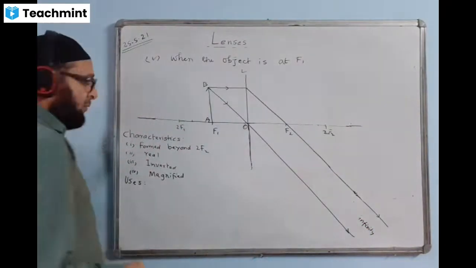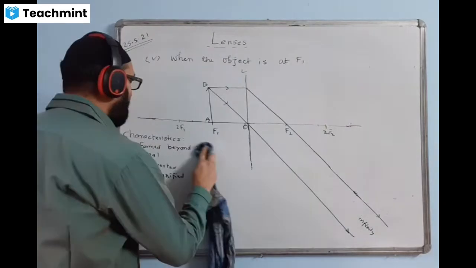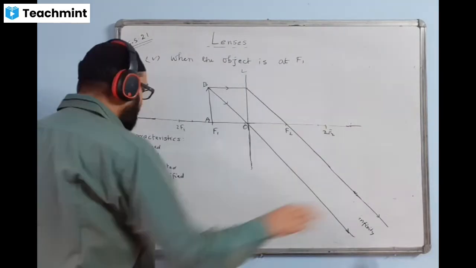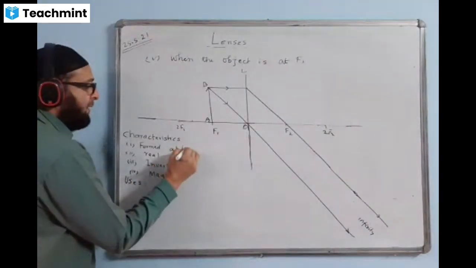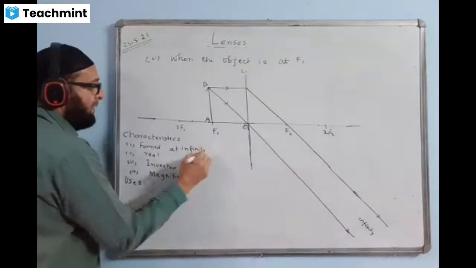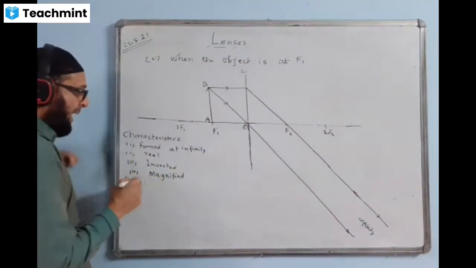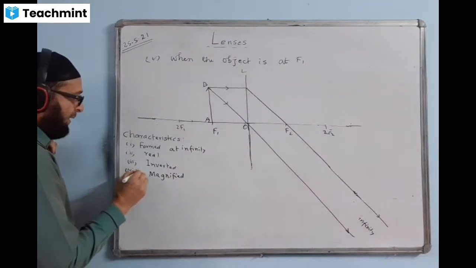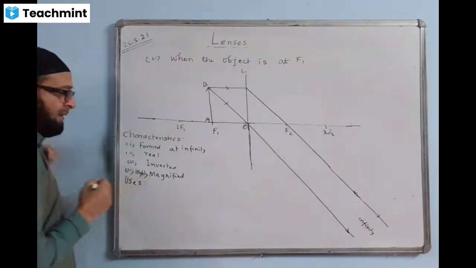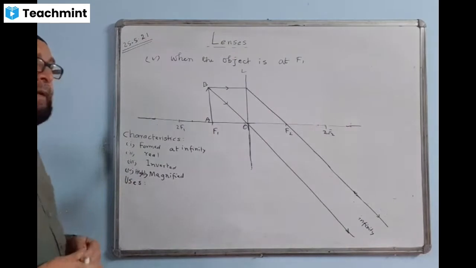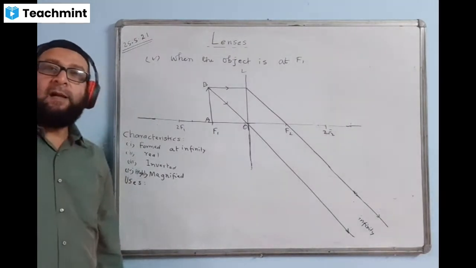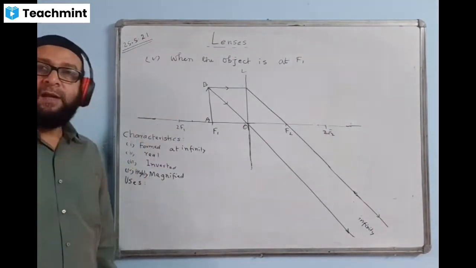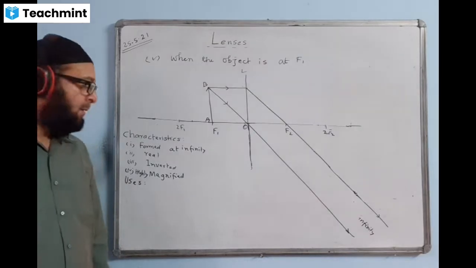Let us write down the characteristics. Formed at infinity. Characteristics: real, inverted, highly magnified. Anything at infinity will be highly magnified, very big; we assume them to be very big.